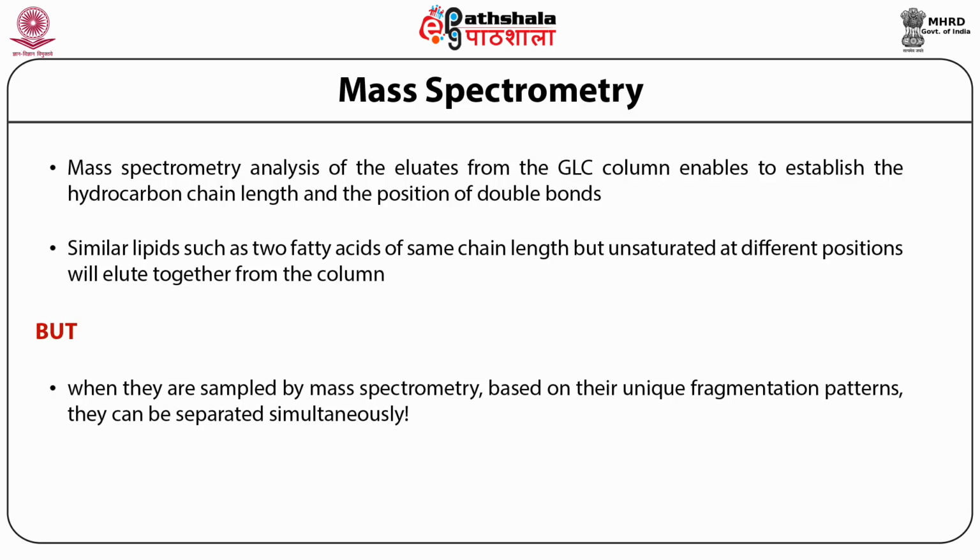So what I mean to say here is that if there are two fatty acids that have the same chain length and also the same degree of unsaturation, but they only differ in the positions of the double bond in their chain, you will be able to identify them by their unique fragmentation pattern that would be generated when they pass through the mass spectrometer.